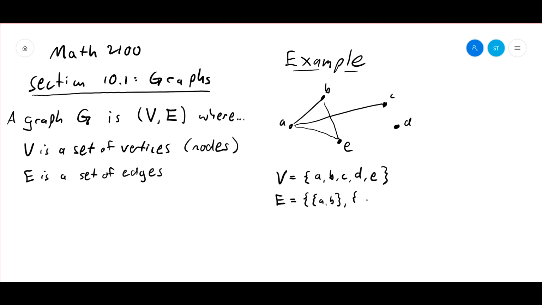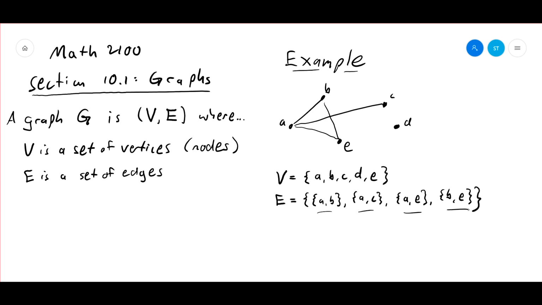We've also got {A, C}, and {A, E}. And then we have {B, E} is the last one. And so there's exactly 4 elements in that edge set, which represent the 4 edges in my graph. And that's it. That's all a graph is.